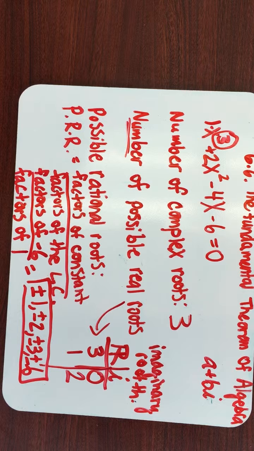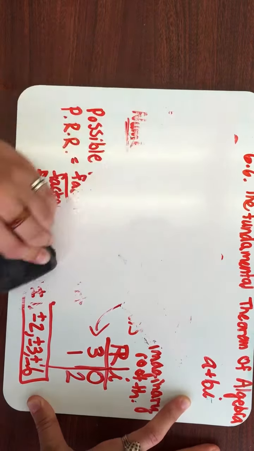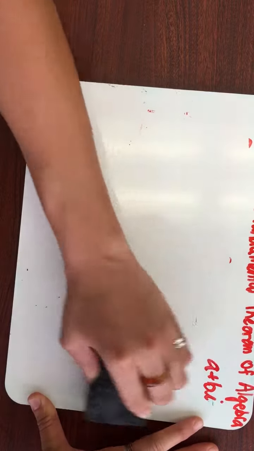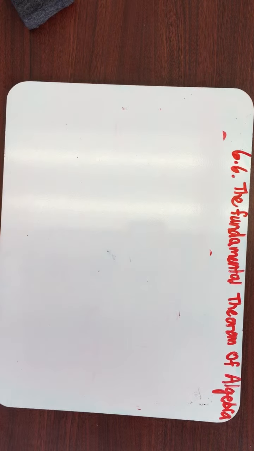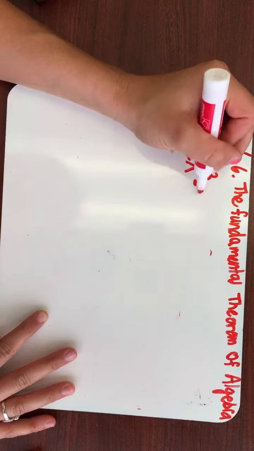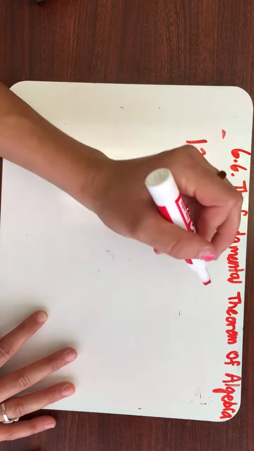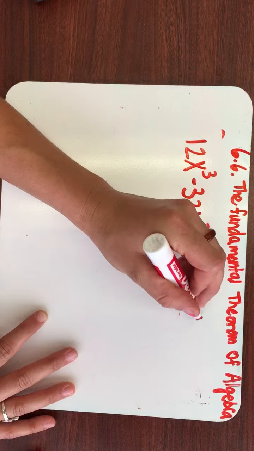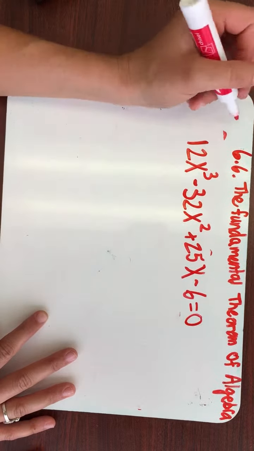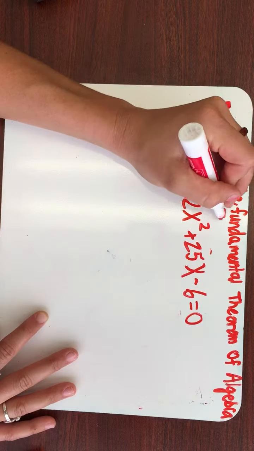Then we can move on and find all of the zeros of the polynomial function. So we can go through that process. Let's say that we have 12x cubed minus 32x squared plus 25x minus 6, and we want to find all the zeros.